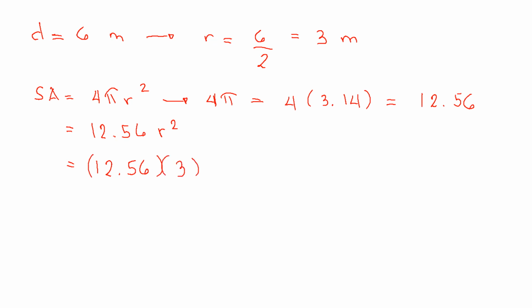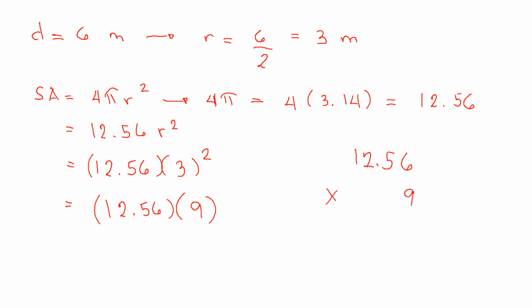Times 3 to the second power. Ano ba ang 3 to the second power? Sabi nga natin, that is 9. Okay? So, kung pinompute natin ito kanina, ano nga ang 12.56 times 9? Nagkatulad yung naibigay na sample ng sir.